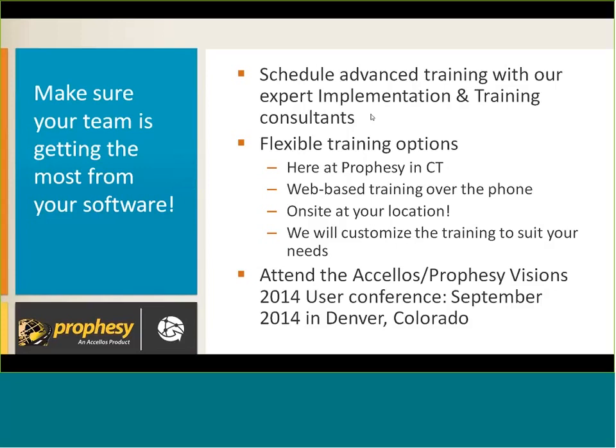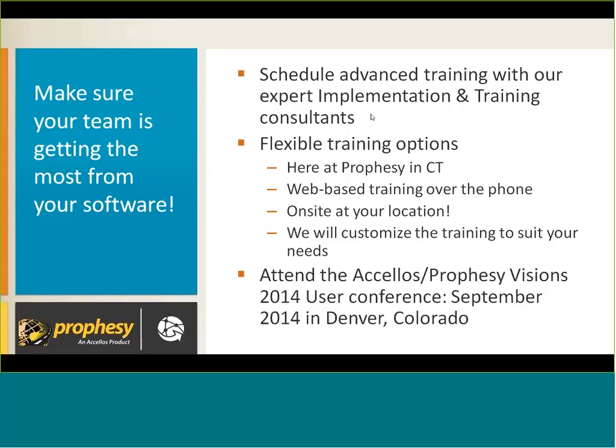Another way to get a lot of training and learn a lot about what we do, both here at Prophesy, and learn more about Excelos and what Excelos can offer you, is to attend our user group. Our user group this year is coming up. It's the 3rd week in September, and it's in Denver, Colorado. All of you should have received information on that by now. If you haven't, or if you missed it, you could go to our website to learn more about that.